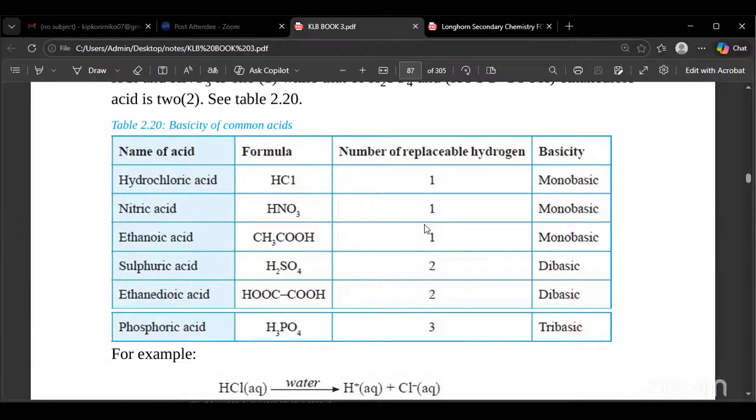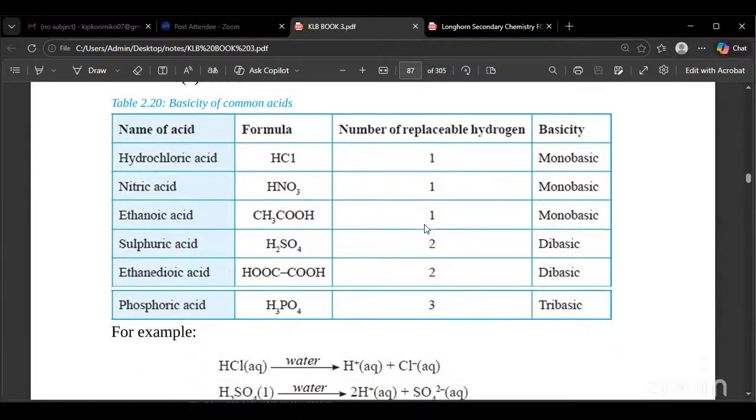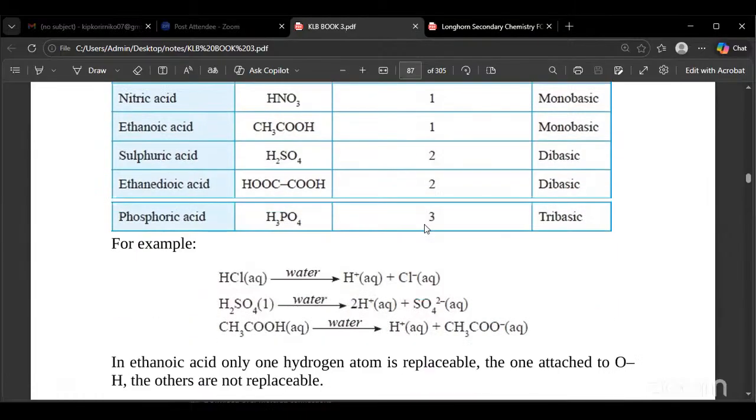Most of the alkanoic acids are normally dibasic, but I don't want to talk about that one at the moment, because it is organic chemistry, so we are not touching that one. Phosphoric acid is the special one, which is normally tribasic. That means it has 3 hydrogens, so when it ionizes in water, it will produce the hydrogen ions.